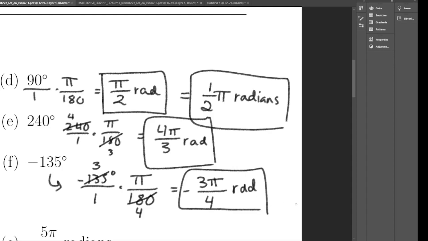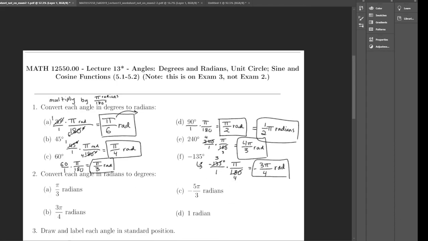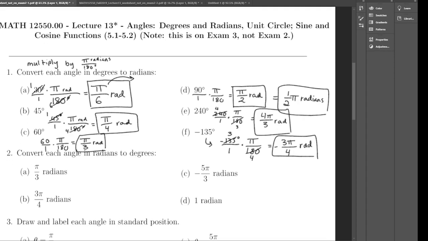So that's our first problem. I can zoom out to show all the solutions here. So again, to convert from degrees to radians, you multiply by pi radians over 180 degrees, and that will always work. Now, going on to our next problem, we're going to do this in reverse.